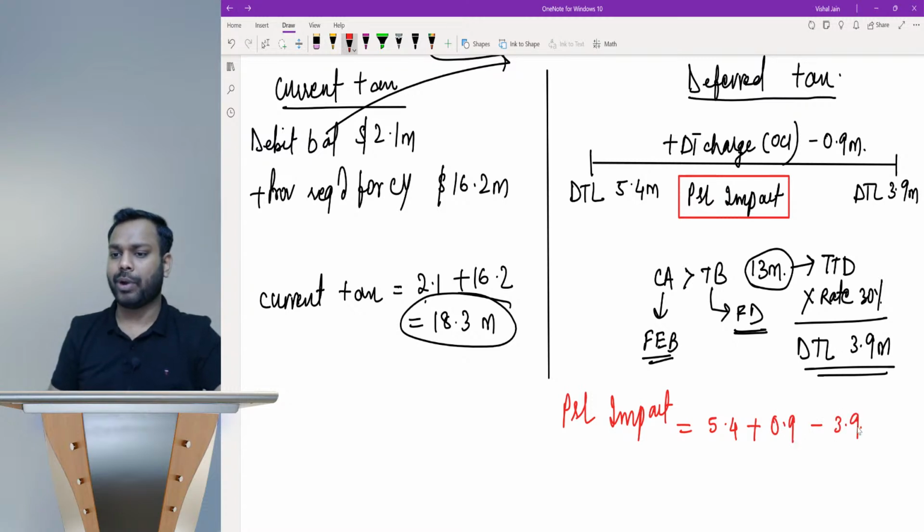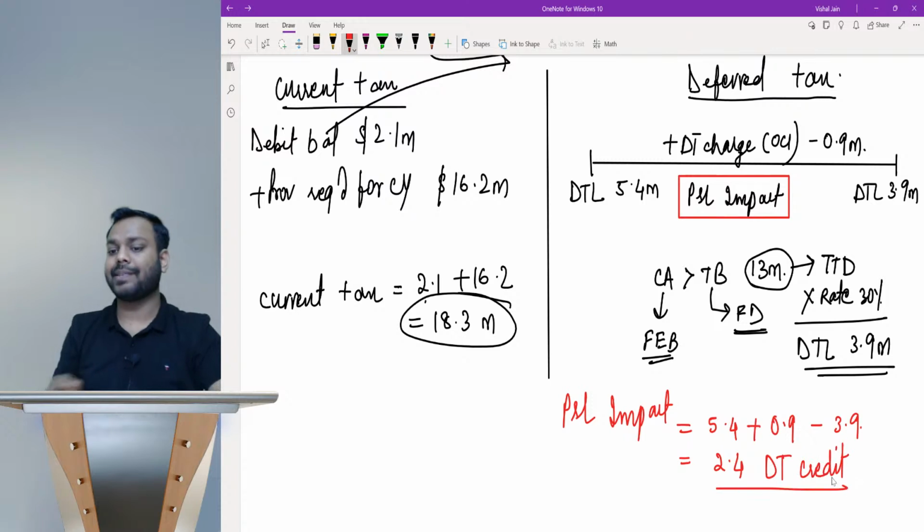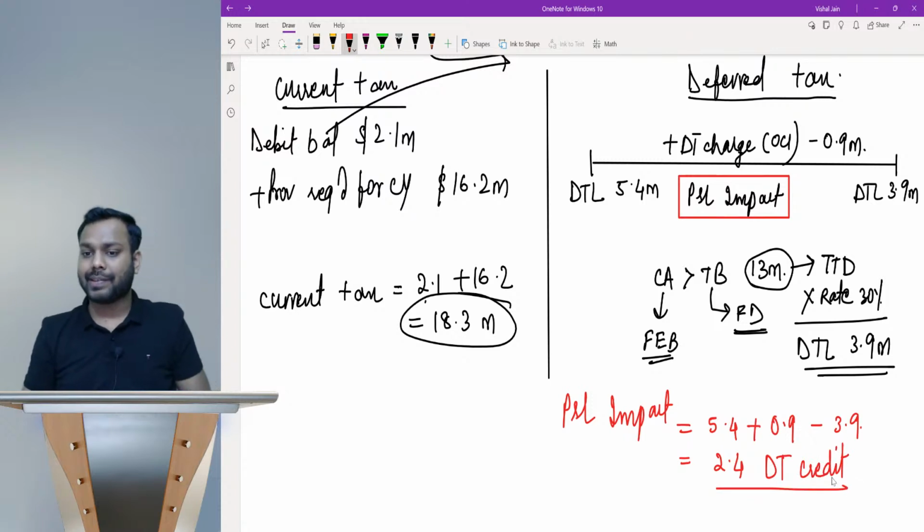Tell me what the balance comes to. That is 2.4, but this is a deferred tax credit.